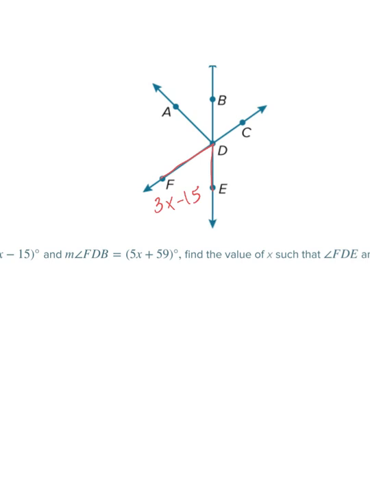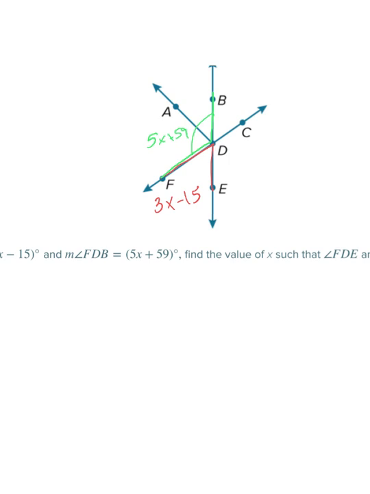That's FDB, the whole angle here, which is 5x plus 59. And it says find the value of x such that angle FDE and angle FDB are supplementary.